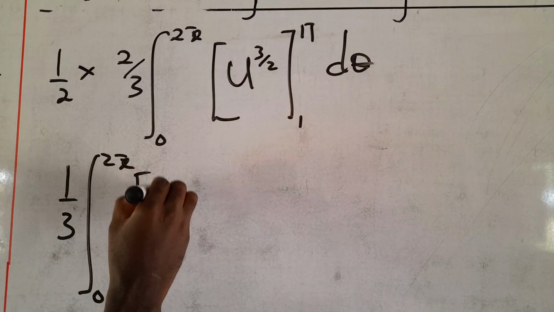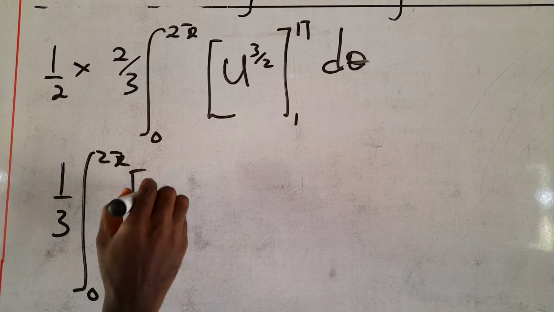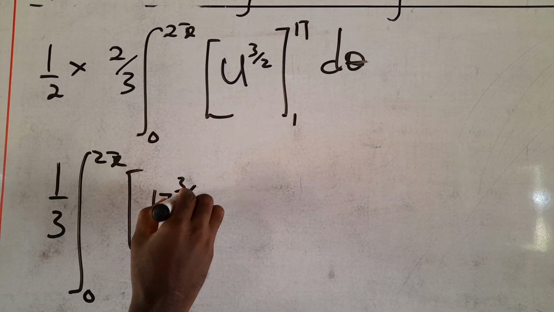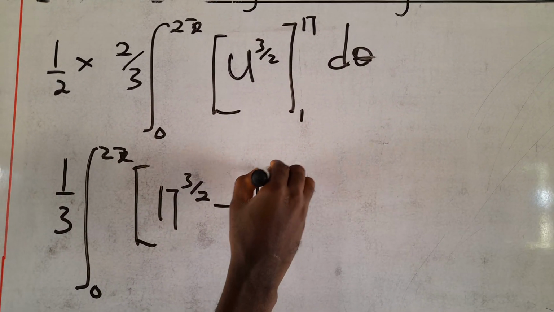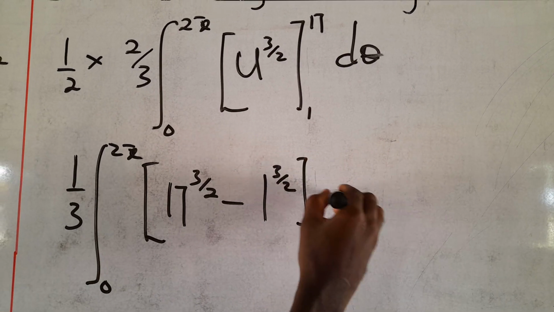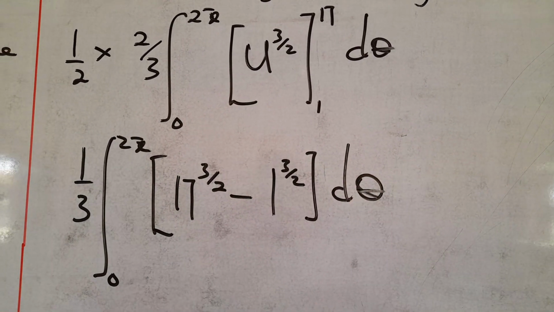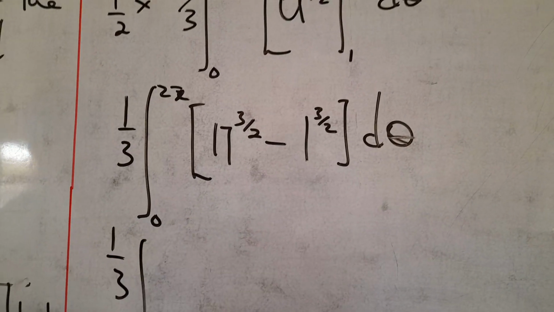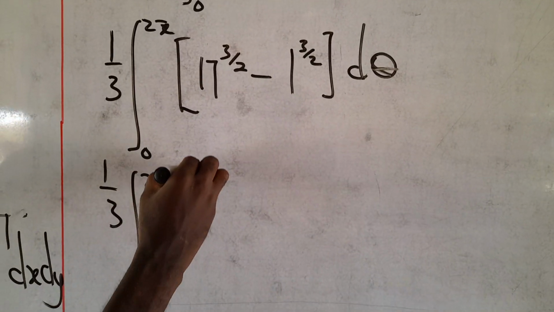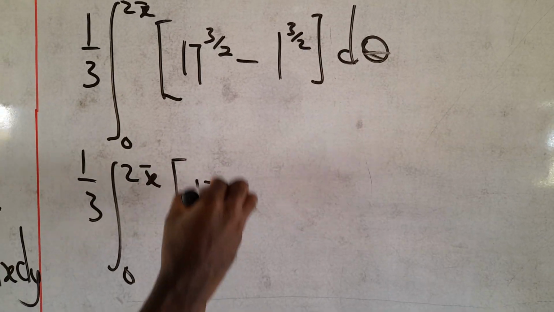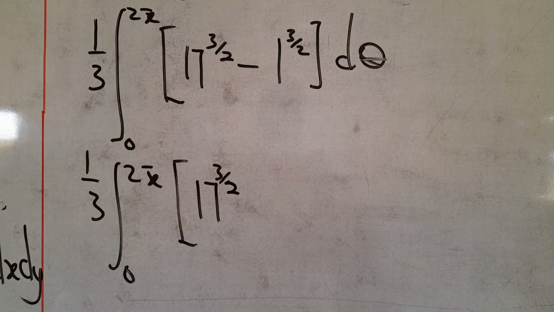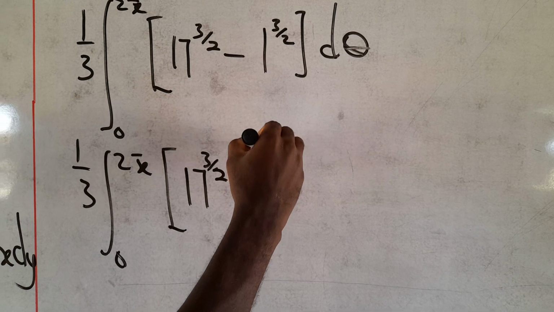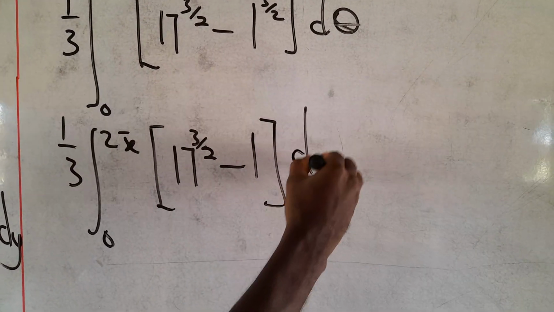So we have 17 exponent 3 over 2 minus 1 exponent 3 over 2, d theta. So we have 1 over 3 integral from 0 to 2 pi of 17 exponent 3 over 2, then minus 1, then d theta.